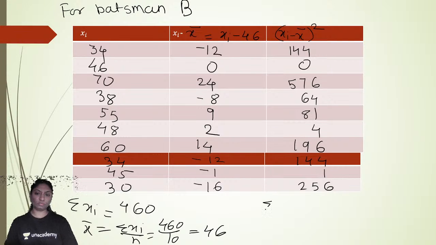The summation of xi minus x bar bracket square is equal to 1466.